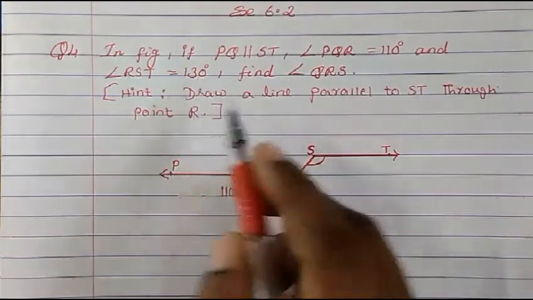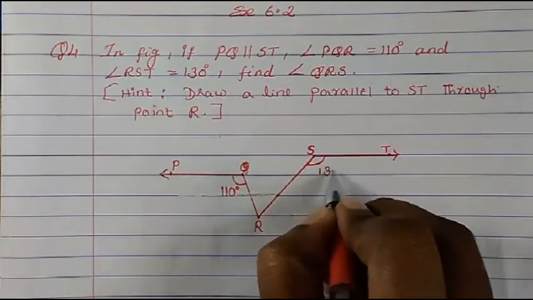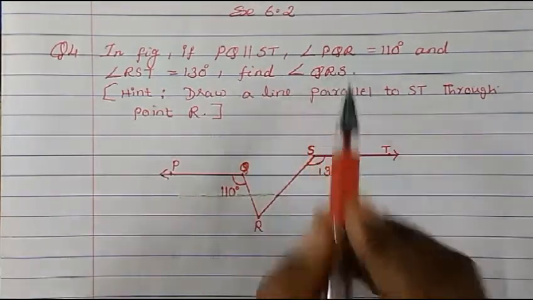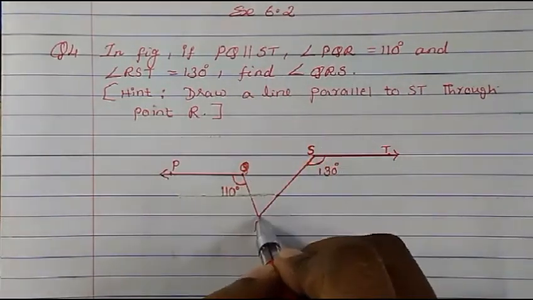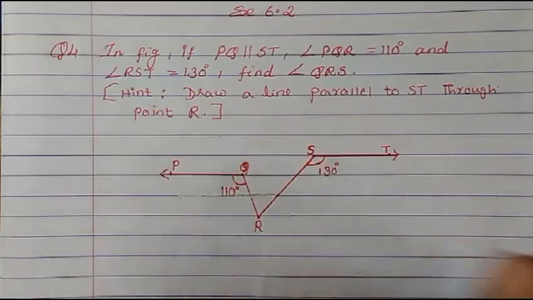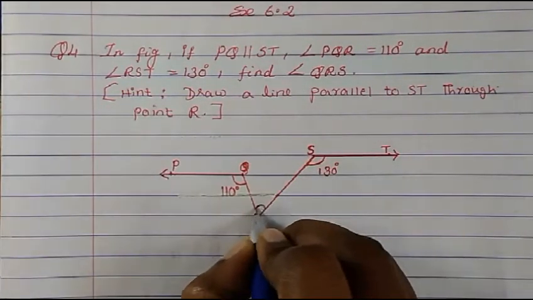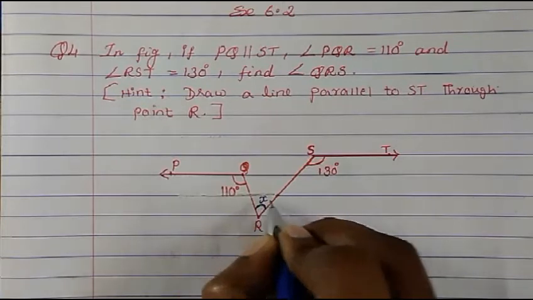How much? 130. Now we have to find QRS. So this is the angle that we have to find. Let us keep this as X.